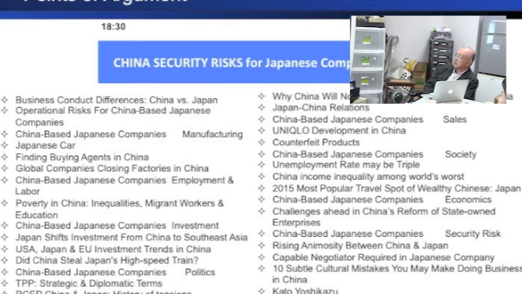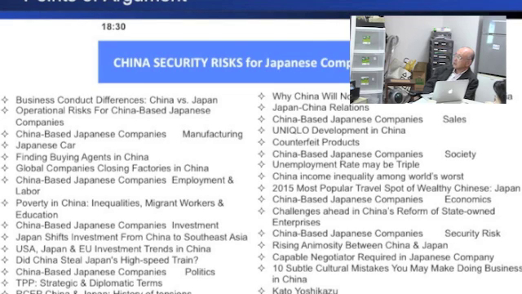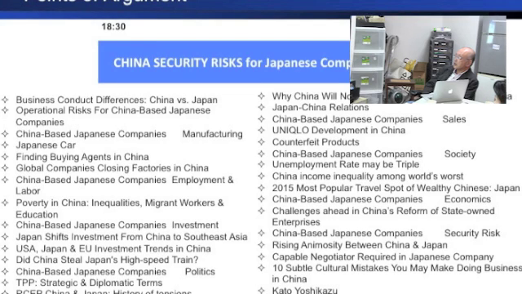The major reason is that the Chinese population has been getting older since 2015, and the population is declining, and not only declining but the Chinese growth is also getting slower. A Chinese professor is going to make a presentation on this issue. And then Japan-China relations and what will happen.